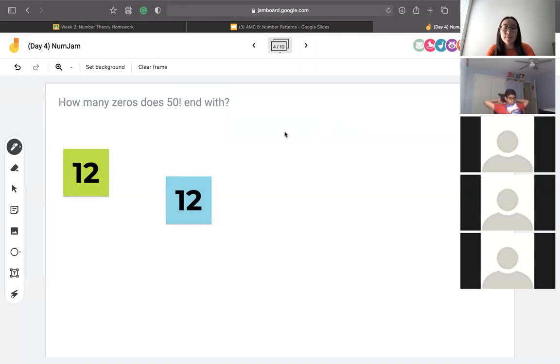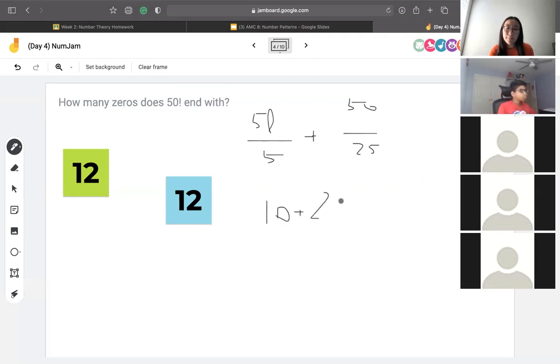So basically, the strategy is to find how many 5s are in the prime factorization of 50 factorial to find how many zeros are going to be at the end. To do that, we have our rule where we keep dividing by powers. So 50 divided by 5 to the first power, then we add 50 over 5 to the second power, and we would continue, but 50 is smaller than 5 to the third power, so we don't need to. This gets you 10 plus 2 equals 12 zeros it's going to end with.